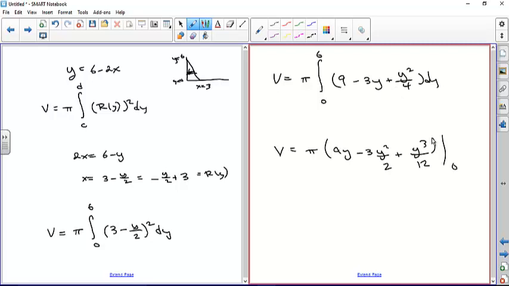And you're going to evaluate that between 0 and 6. So the 0 is just going to give you all zeros. So you got 9 times 6 minus 3 times 9 squared over 2 plus 9 cubed over 12. And of course, at the lower limit, you get 0.